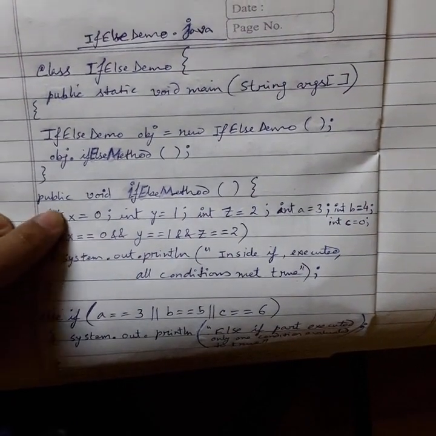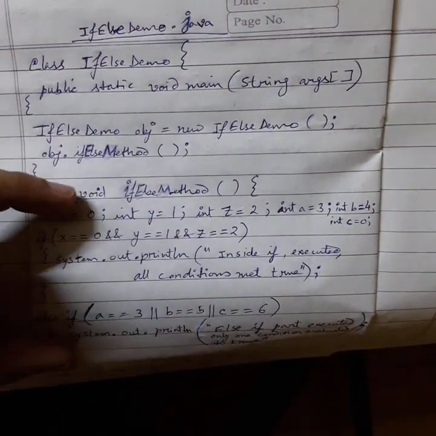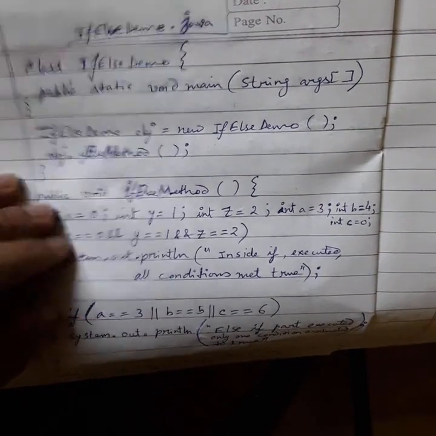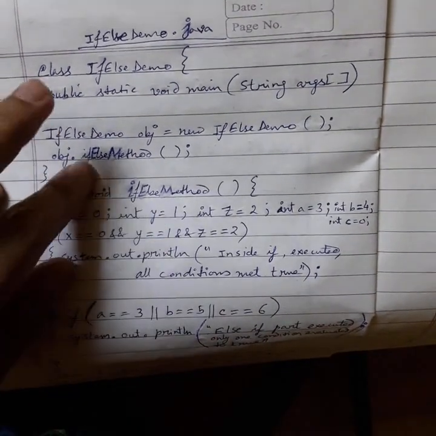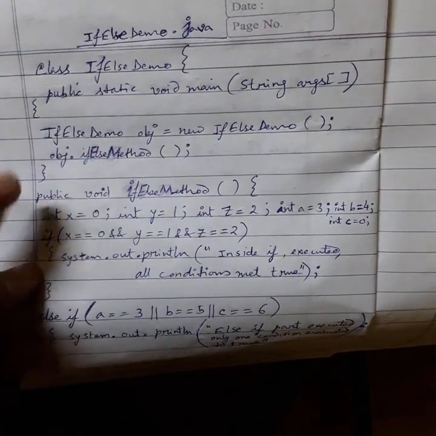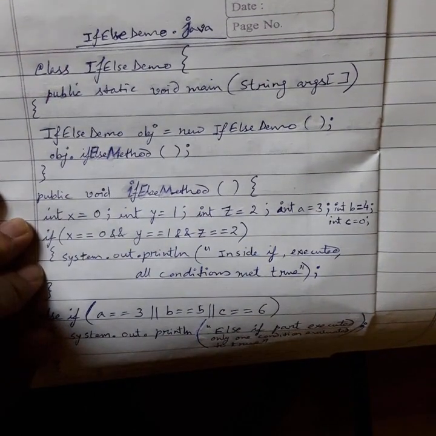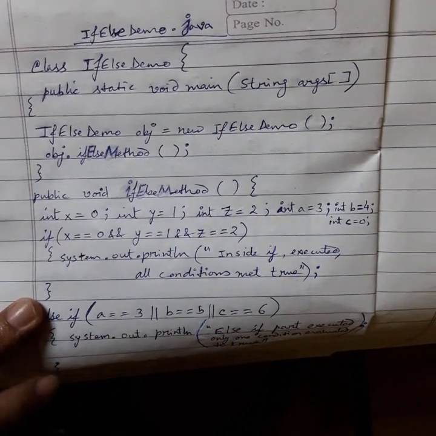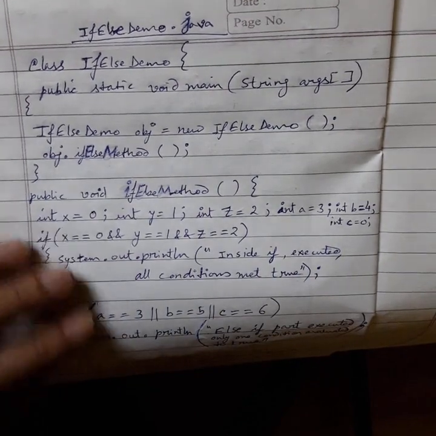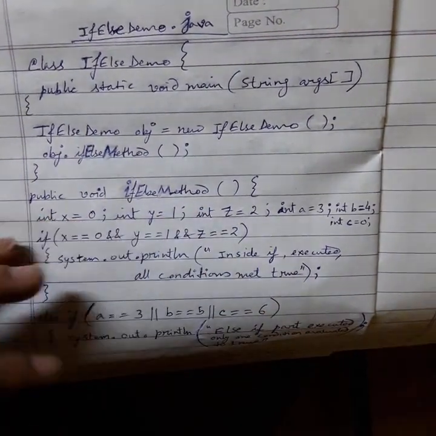Okay, scope of these variables are only within this method, right? You cannot access these variables from the main method, or if there had been any other methods in this class, we couldn't have accessed these variables from that method.